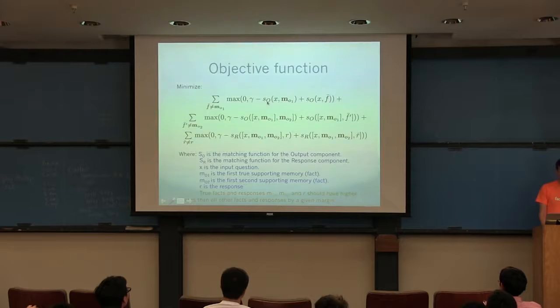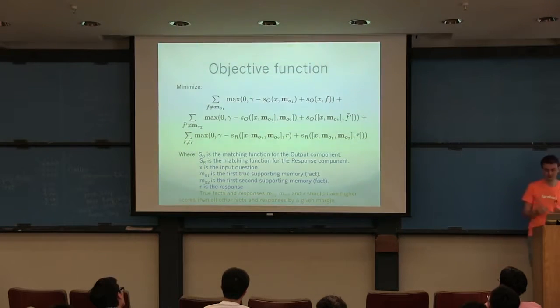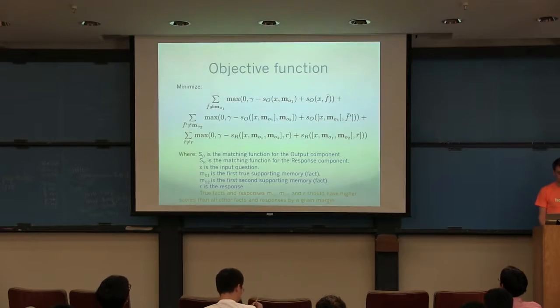So this is a classic hinge loss, margin ranking loss function that basically says that this matching function SO, that takes in the left-hand side, right-hand side, the X, the question, and the true supporting fact MO1 here, should be a margin gamma larger than the match with any other fact F bar, which is basically anything else from your memory.